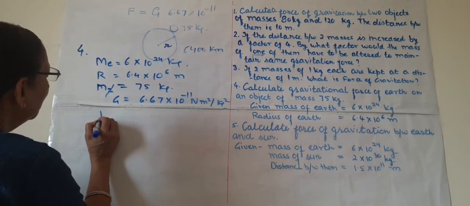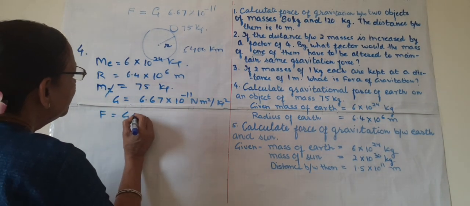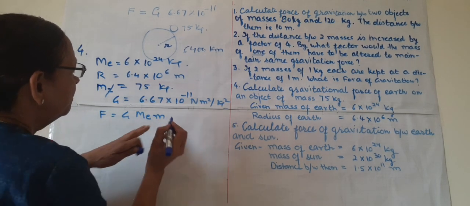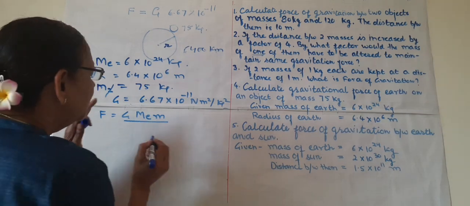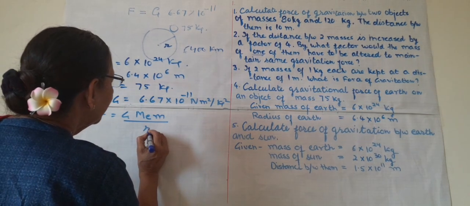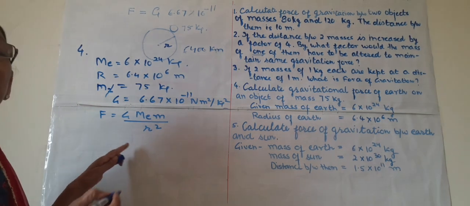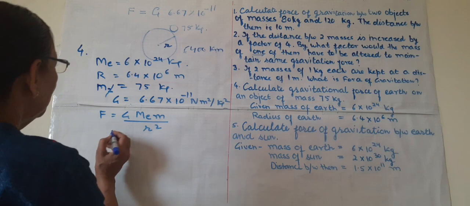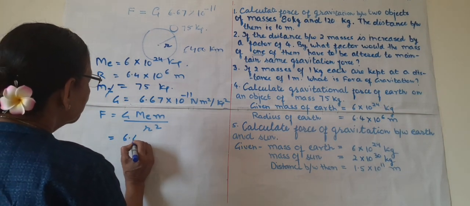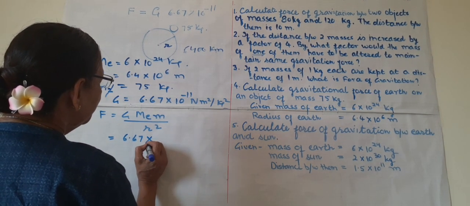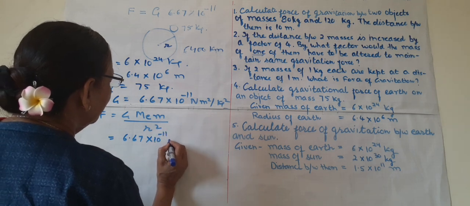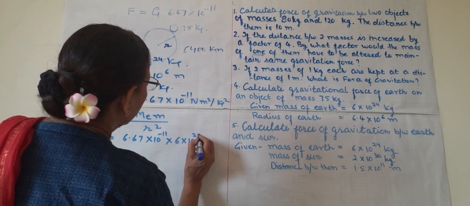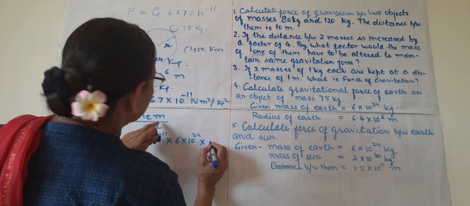Again the same formula, F is equal to G, here we write the mass of earth and mass of the other object, and instead of d square, we will write here r square, which is the radius of the earth. So now putting the values, 6.67 into 10 raised to power minus 11 into 6 into 10 raised to power 24 into 75.